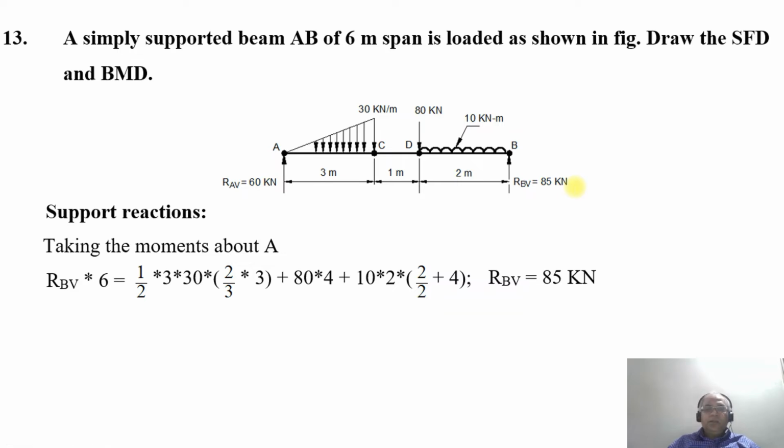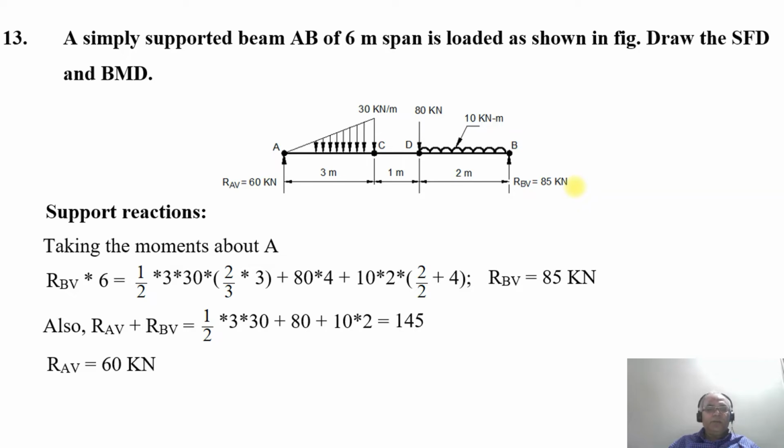Also, the sum of the vertical reactions acting upwards will be equal to the sum of the vertical loads acting downwards. So RAV plus RBV will be equal to the downward load. The uniformly varying load is the area of the triangle, so half into 3 into 30, plus 80, plus 10 into 2, which equals 145.